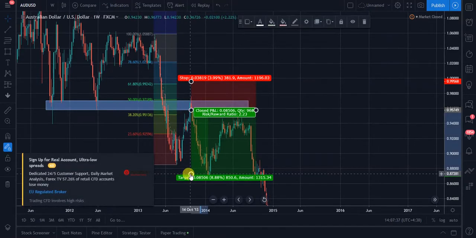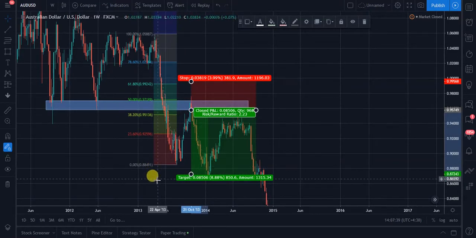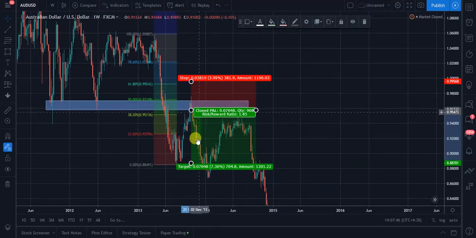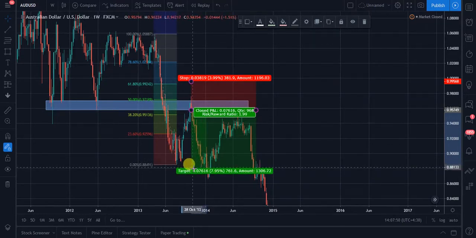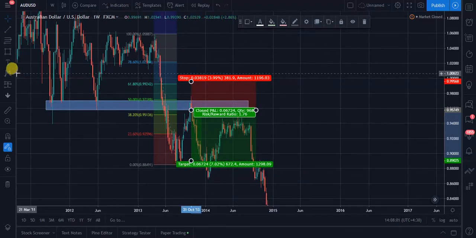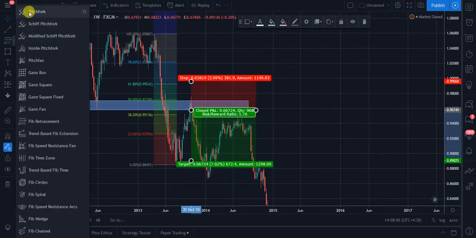As I said, when we choose our first target, always use 100% of Fibonacci. This is our first target. And for the next targets, if you want to divide your trades into, for example, 3 or 4 trades, you can use Fibonacci extension for your second, third, and fourth targets.